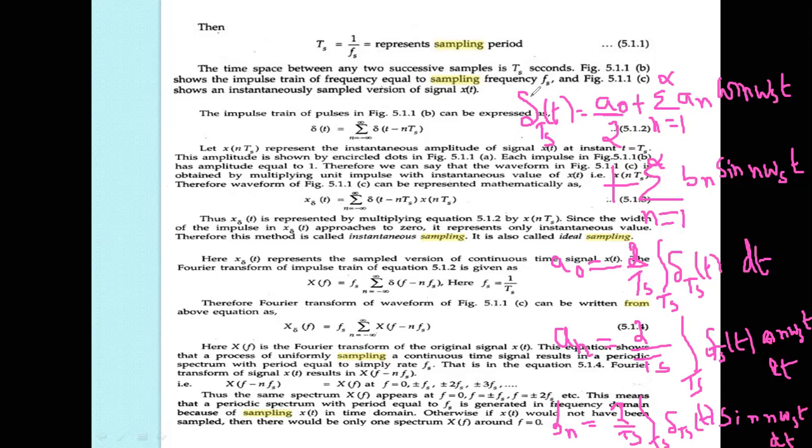These are the coefficients in the trigonometric Fourier series of the function delta Ts of t. Okay, my dear students, following.